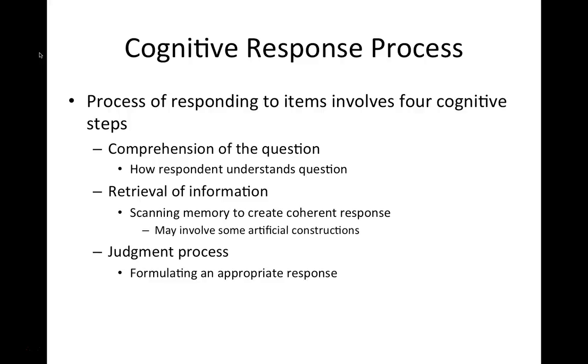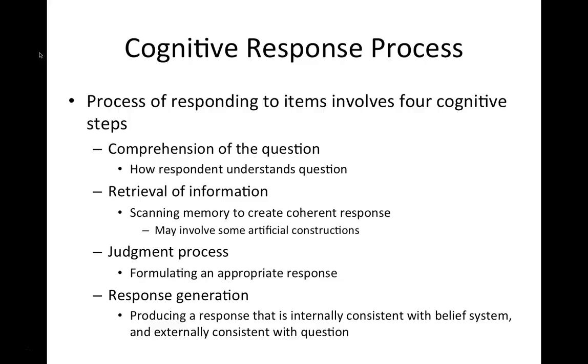The third is a judgment process, so being able to formulate that appropriate response. And then the final one is actually generating a response. So producing a response that's internally consistent with your belief system, that is hopefully as accurate as possible in terms of being able to retrieve that information and formulate that response, and that is consistent with the question itself.